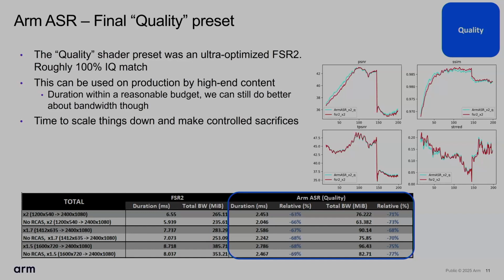And in terms of the duration on this Immortalis G720 device, we get well under 3 milliseconds, although the bandwidth is still a bit too high for what I would like, but this is already in a state where you can start considering using it for production in a high-end game.